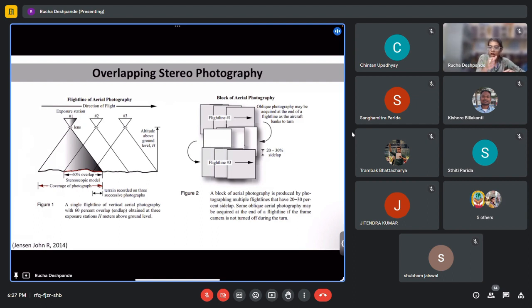So along with the longitudinal overlap, the images also have a side overlap. This is flight line 1, this is flight line 2, this is flight line 3. Here we see that these images have some overlap sidewise, and longitudinally as well.